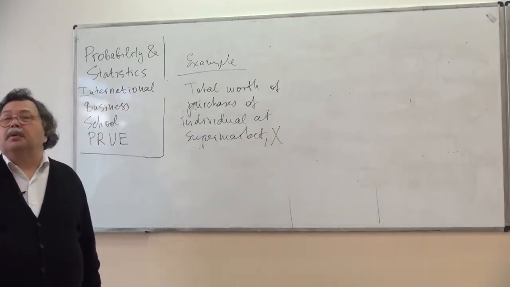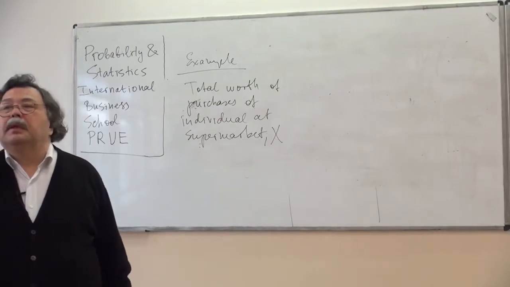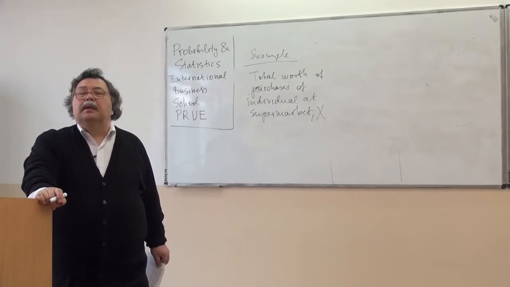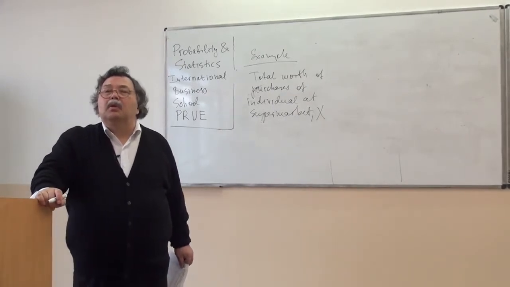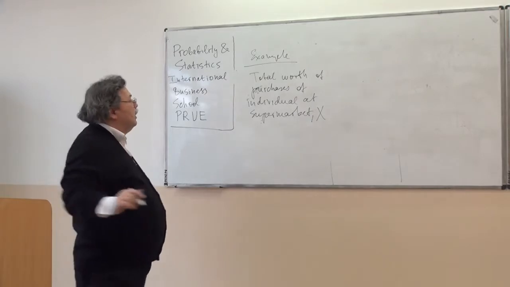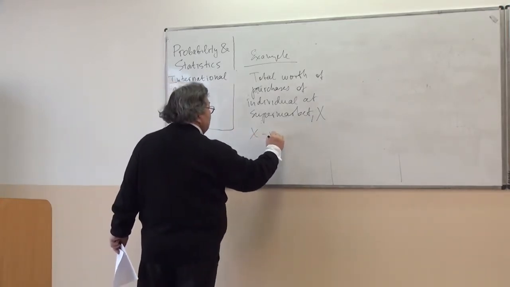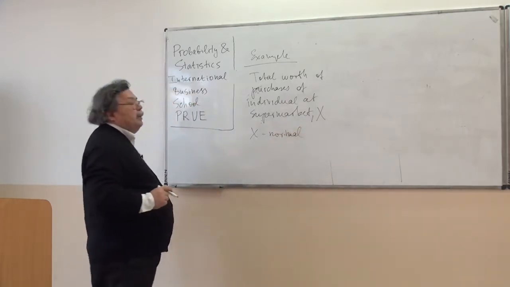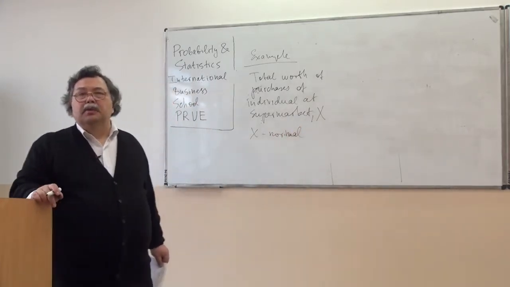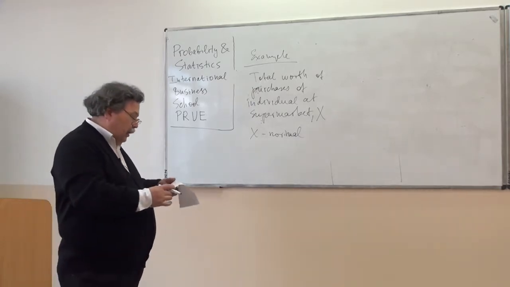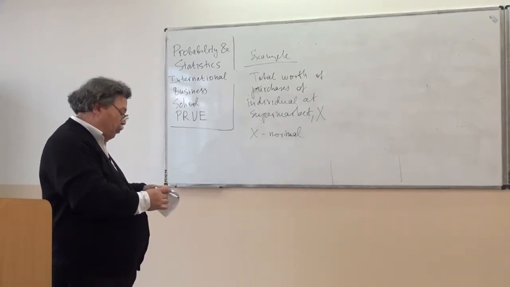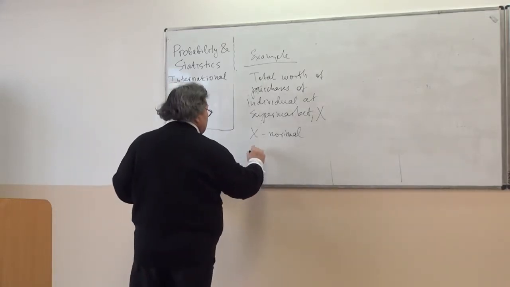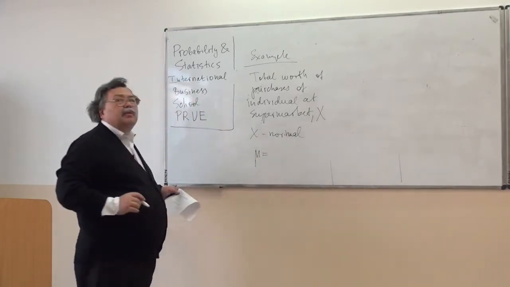Well, suppose your findings are, first, that this variable can be modeled by a normal law, that a normal law can reasonably be applied here. So X is normal. This is your finding, or maybe it's your assumption. Also, after some field work, you find these estimates for mu and sigma.